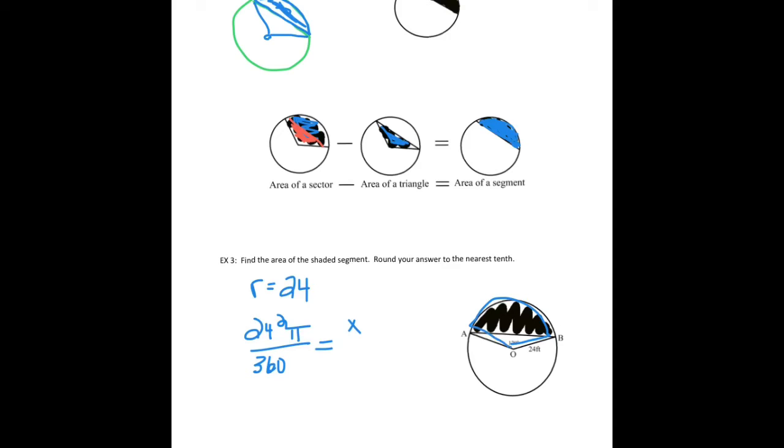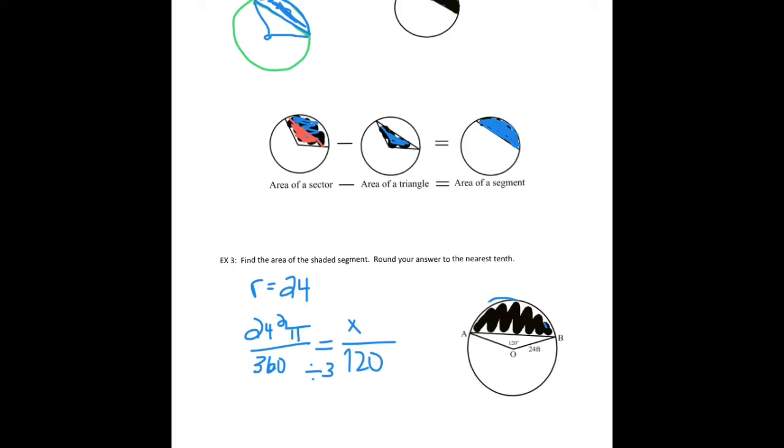But we know that theta is 120. And I'm going to give you a cheat, actually. You see that to go from 360 to 120 is divide by 3, so you can actually do that. I know that you guys are smart enough to figure that out.